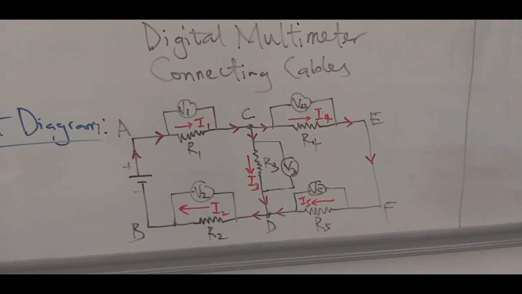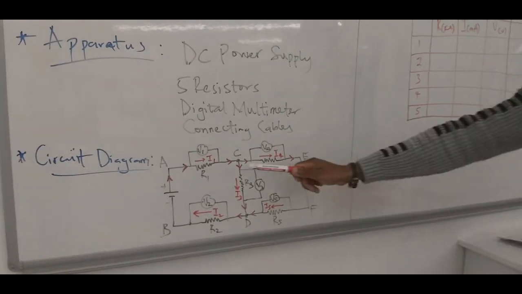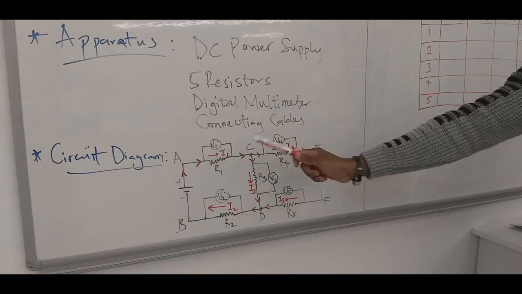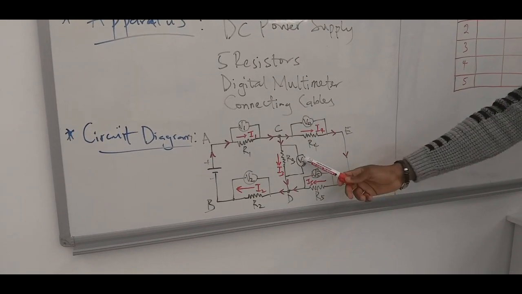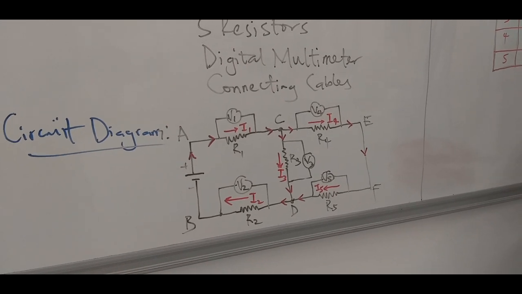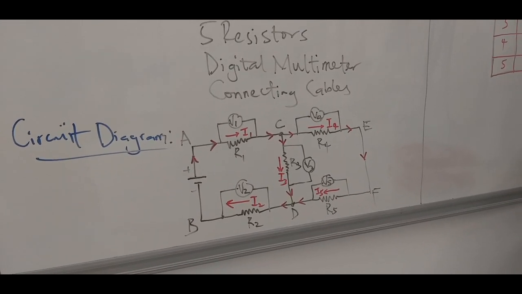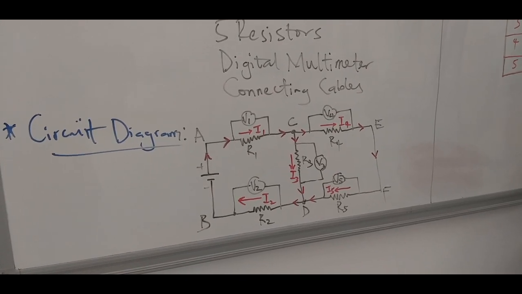Now, you can see the direction of current, how it flows from positive to negative in this circuit diagram that has been designed. This simple circuit diagram is what we're going to implement in the lab. No breadboard will be used. No experimental circuit board will be used.